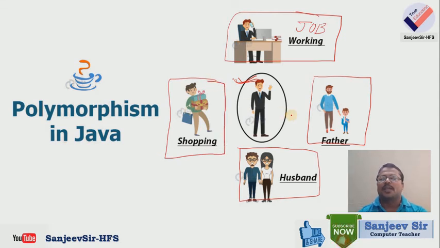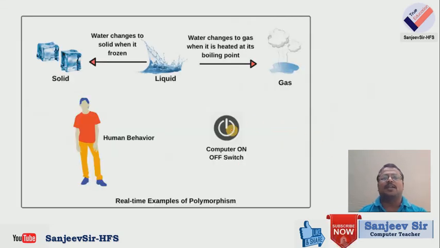When one person performs different roles, that is known as polymorphism. That means a versatile personality. Likewise, the same thing has different forms: water takes the form of solid, liquid, and gas, but it is the same thing in all three forms.